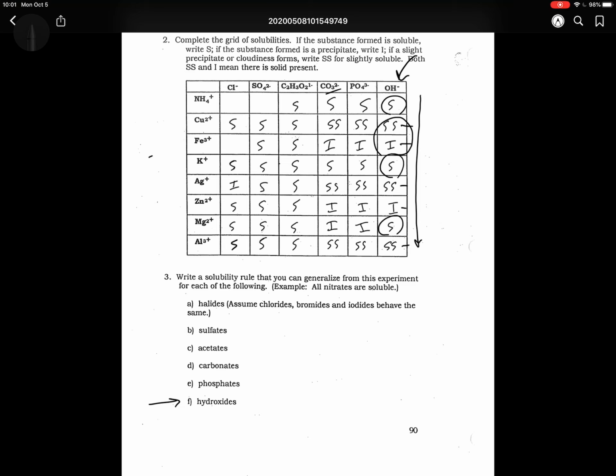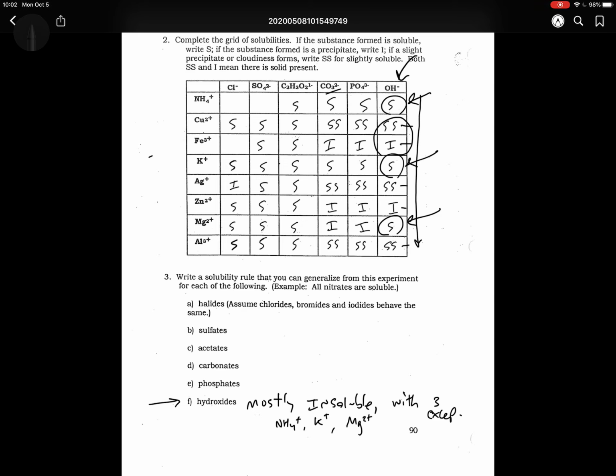There were three cases where there was no solid forming. So what we could say for hydroxide generally is that mostly compounds that contain hydroxide are insoluble, with three exceptions, right? And in this case, the three exceptions are NH4 plus when paired with sodium hydroxide, K plus, and Mg2 plus, right? Because those are the three exceptions.